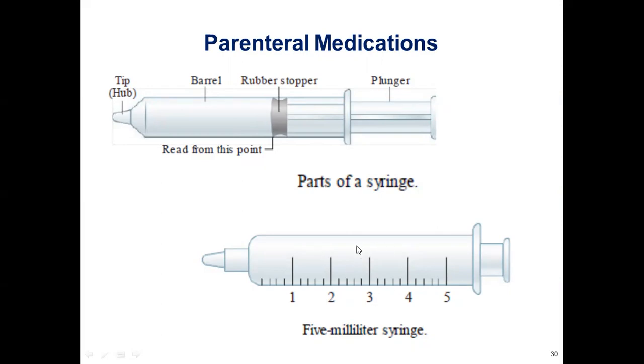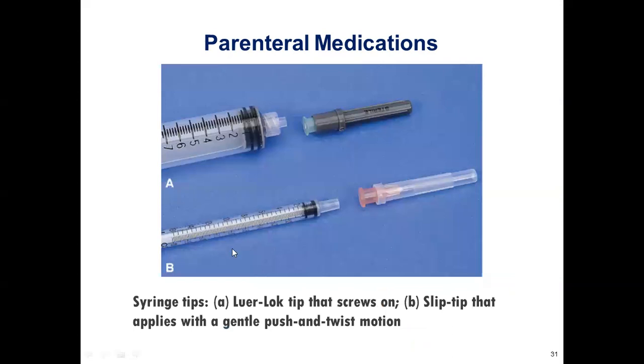And this one shows the marking, right? A 5 ml syringe. Here it shows the types of syringe tip. Number 1 is called luer lock, and the second one is called slip tip.